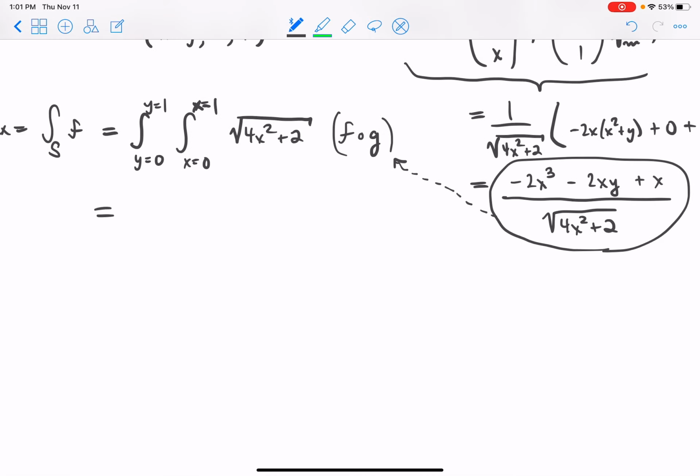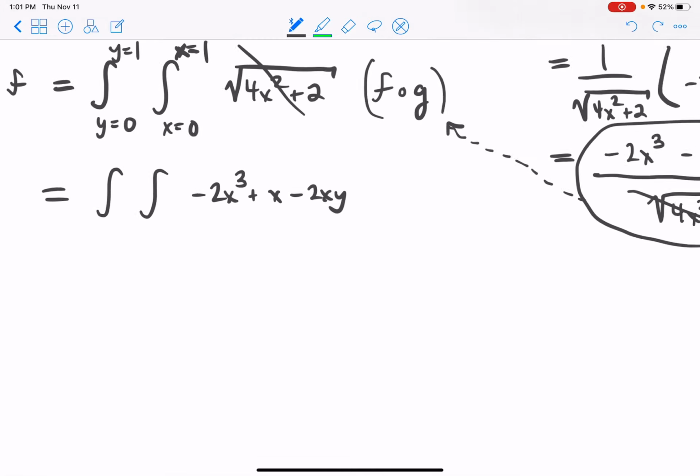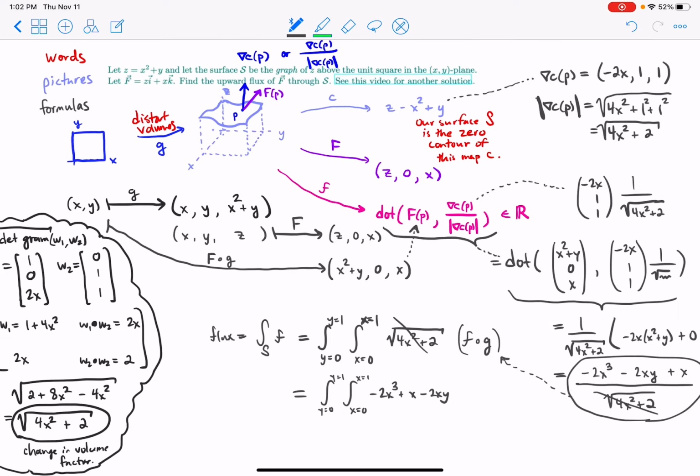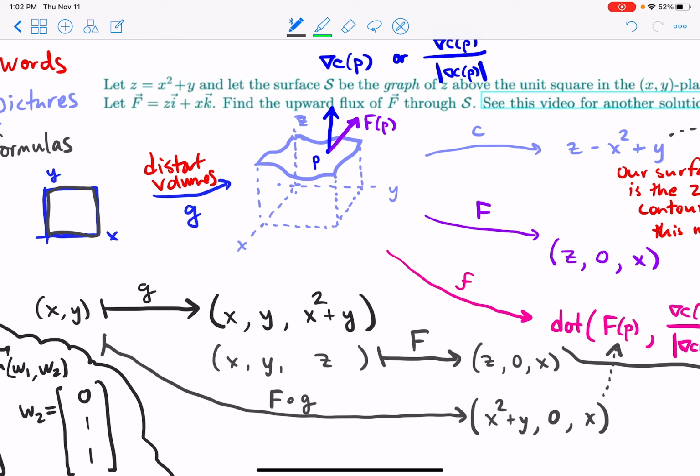So this integral becomes: this cancels that, and I just get minus 2x to the third plus x minus 2xy. I don't know why I switched the order of these. It doesn't matter. Okay, so let's do this. X equals 0 to x equals 1. Y equals 0 to y equals 1. Why? Because we had the unit square and the graph of this function, z.